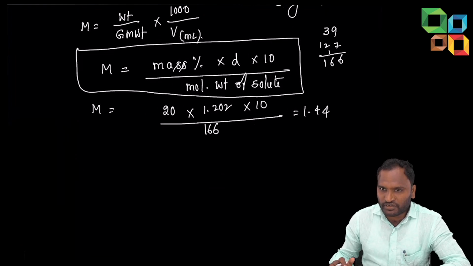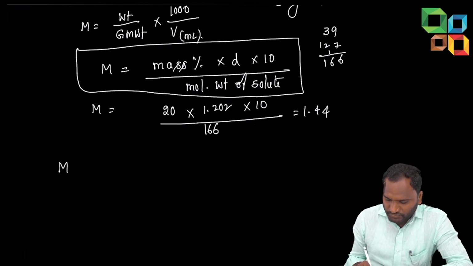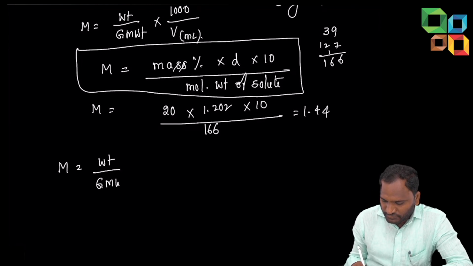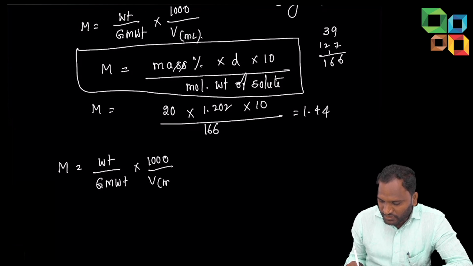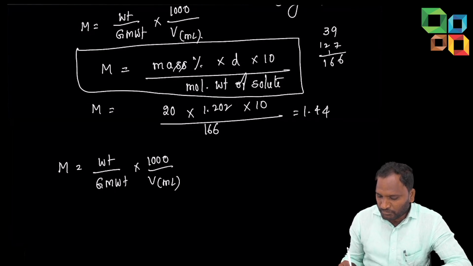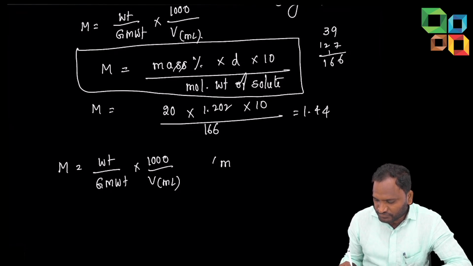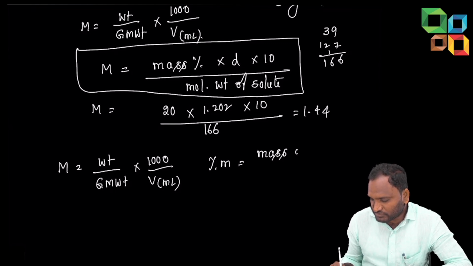I'll tell you how we got this one. Molarity, you know, weight by gram molecular weight into 1000 by V in ml, isn't it? Mass percentage formula, mass of solute by mass of solution into 100.